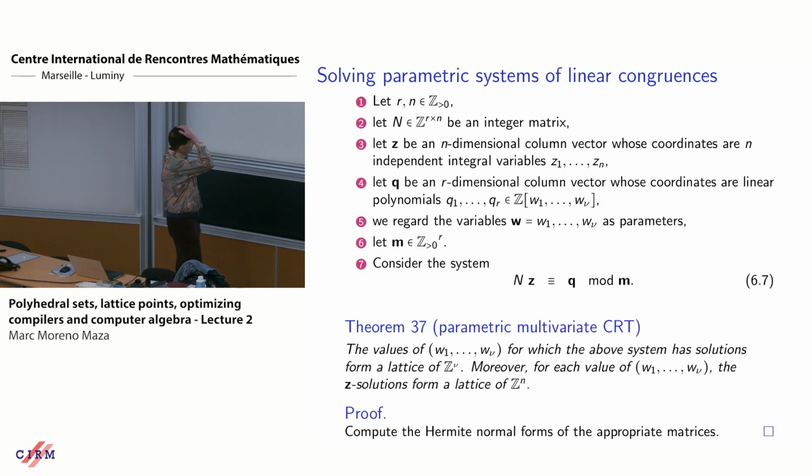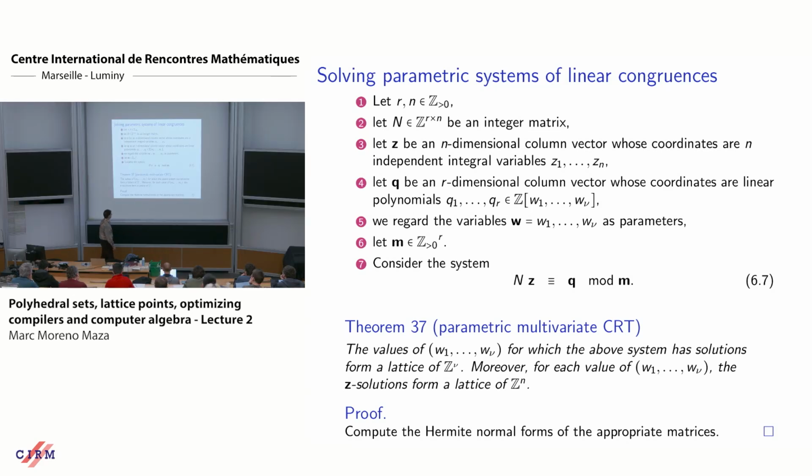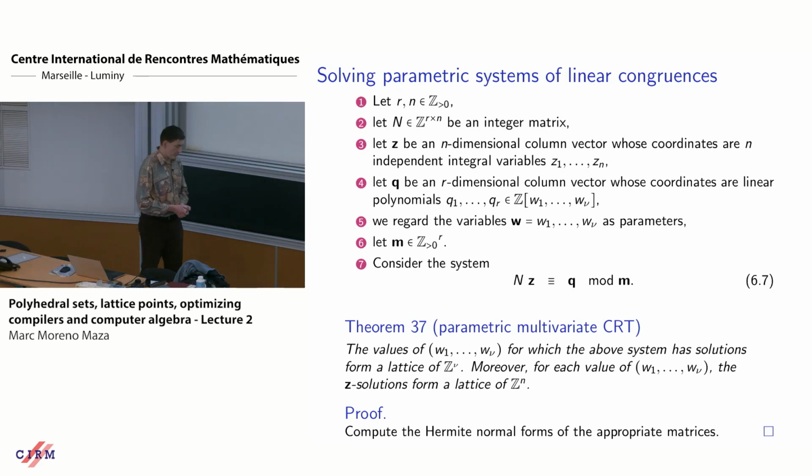So how do we deal with that? So first, one can pretend that Q does not have parameters. And then by building the appropriate matrix and computing its Hermite normal form, we can find conditions for that thing to have integer solutions.